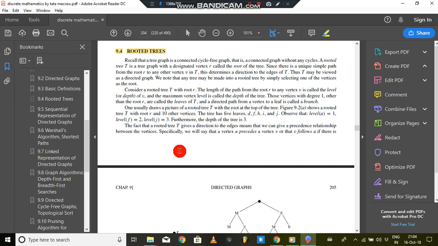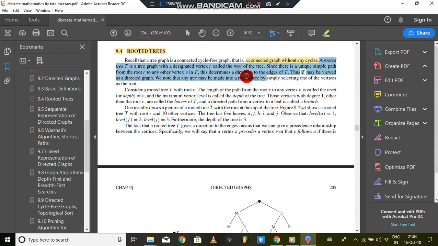But in that topic you did not read what a tree is in a brief manner. So what is the rooted tree? A tree is a connected graph without any cycle. Here you can see a connected graph without any cycle.